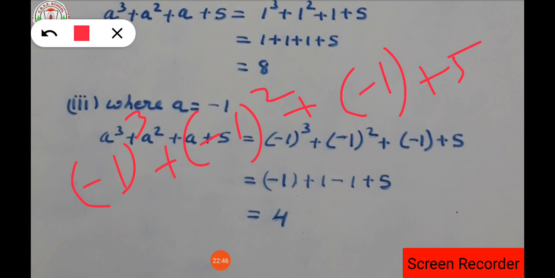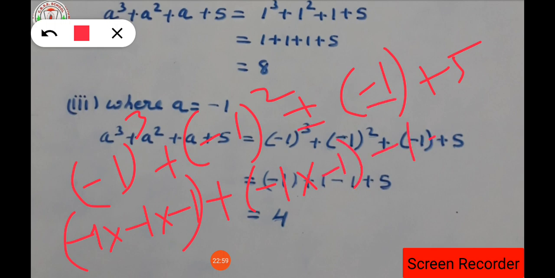So here minus 1 into minus 1 into minus 1, plus minus 1 into minus 1, plus minus 1, plus 5. So minus 1 and minus 1 will be plus 1, into minus 1 gives minus 1.